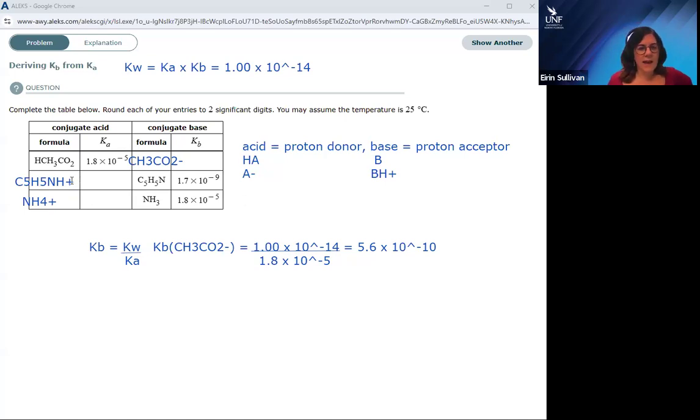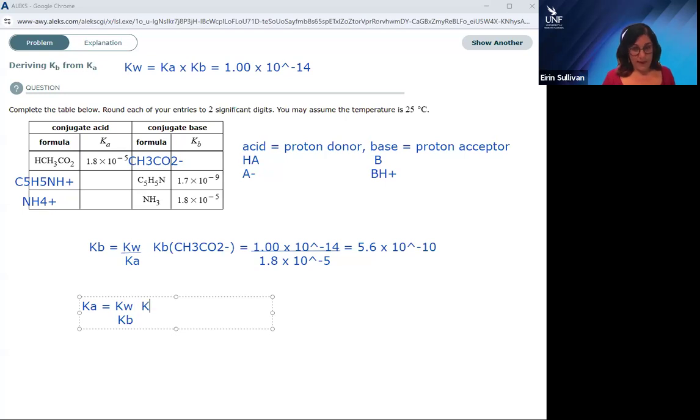All right, so the Ka for the conjugate acid of pyridine. Ka is going to be Kw divided by Kb, the Kb for pyridine, C5H5N.